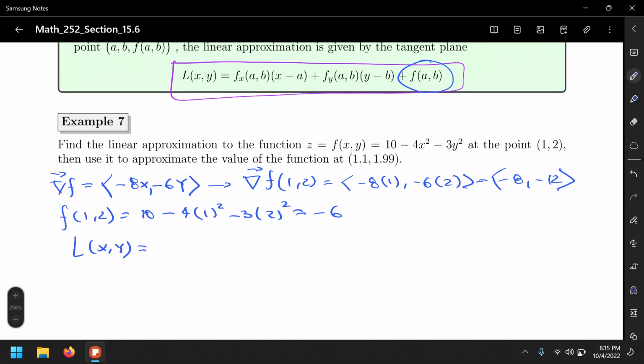So that's going to be the derivative with respect to x evaluated at the point, which in this case is negative 8.